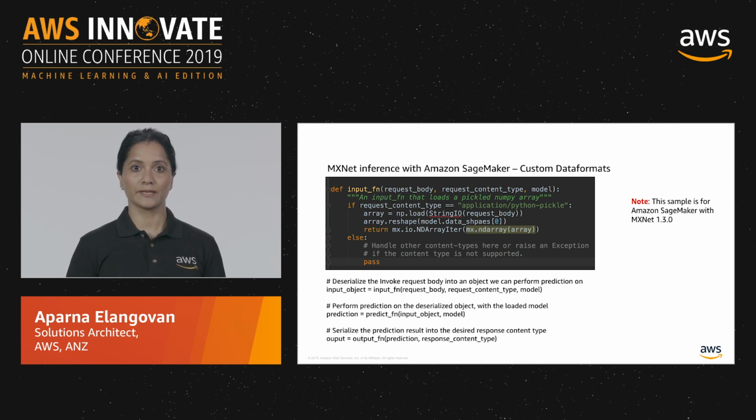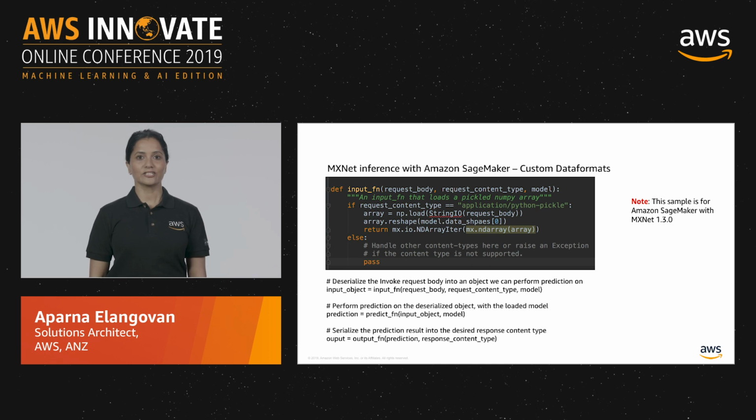But in this example here, I'm using a binary-like format, a pickled version of an ND-array, as my HTTP request content. So this custom input function transforms the binary format into a Python MXNet ND-array object. You can do the same for the output formats as well. The function signature should match the ones required for a specific version of MXNet on SageMaker.